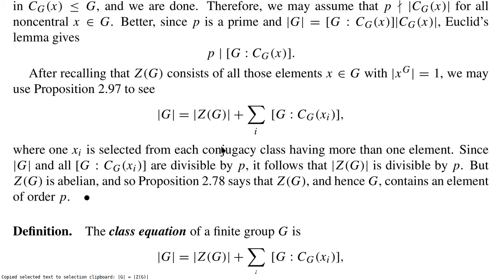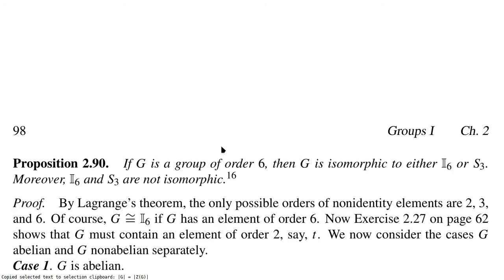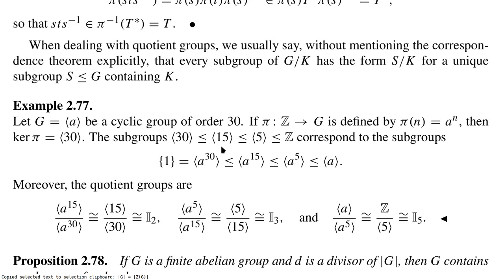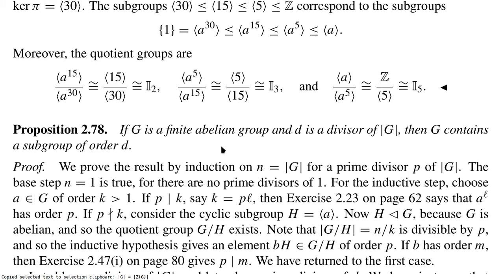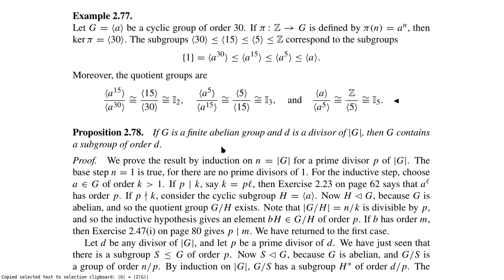Right, so by a proposition that we did before, 2.78, if you have a finite abelian group and you have a prime divisor of the order of that group, then the group must contain a subgroup of that order.